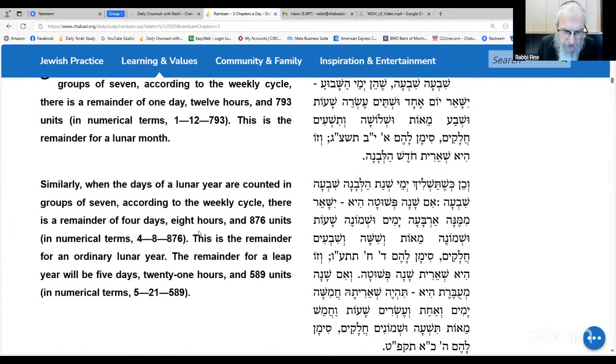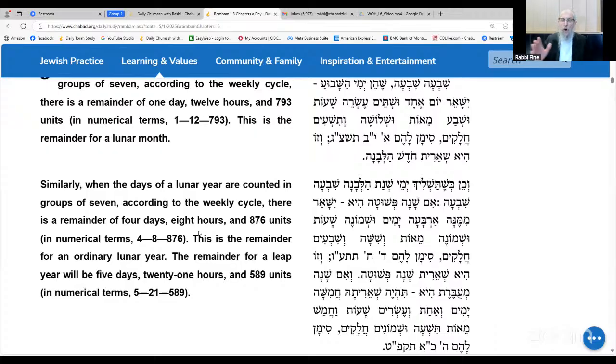When the days of a lunar year are counted in groups of 7, according to the weekly cycle, there is a remainder of 4 days, 8 hours, 876 units for the ordinary lunar year. The remainder of the leap year will be 5 days, 21 hours, 589.